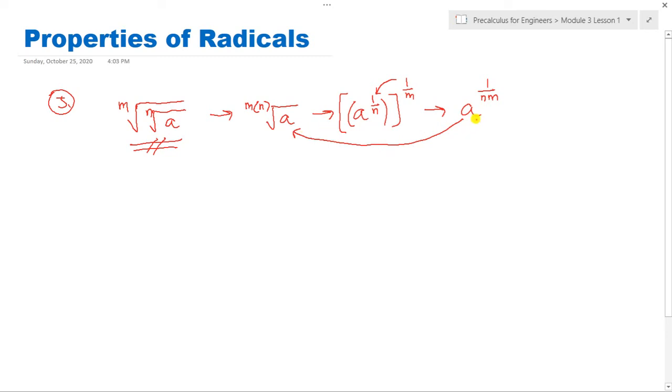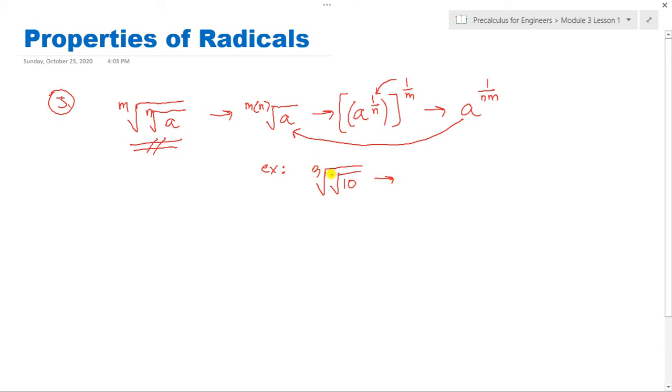Ganito lang. Kasi diba yung denominator natin is our index. So we just simply m times n root of a. So let's have an example. So example tayo class. How about if we're given cube root of the square root of 10? So how are we going to convert this? So you just multiply their index.